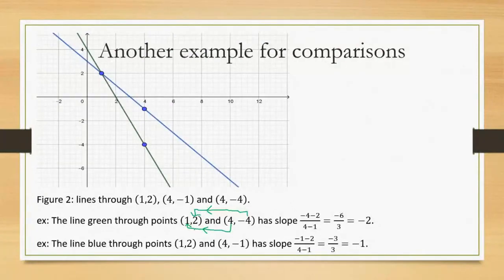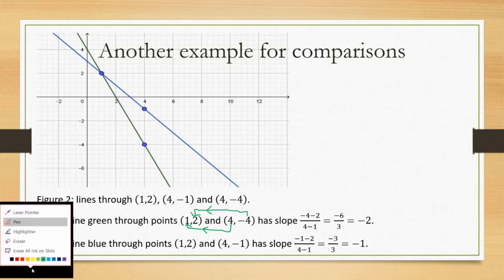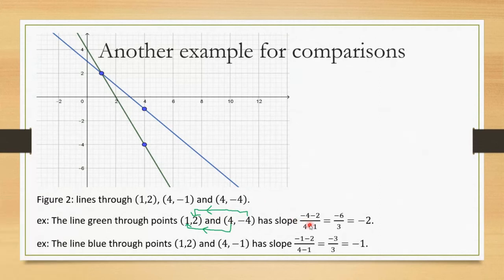Negative 4 minus 2 over 4 minus 1. If you do that calculation, we have negative 4 minus 2, which is negative 6. 4 minus 1 is 3. Negative 6 over 3 is negative 2. That's for the green line.